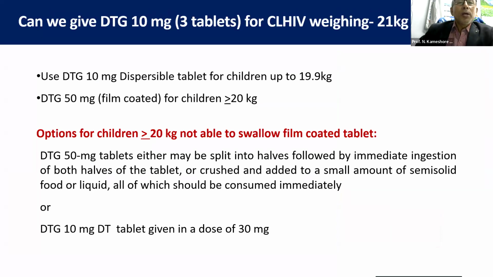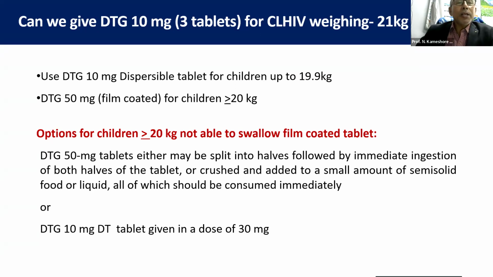So now let us see, can we give DTG 10 milligram, 3 tablets for children living with HIV weighing 21 to 29 kg? Because sometimes it may be difficult for children of weight category 21 to 29 kg, they may have some difficulty in swallowing the tablets.